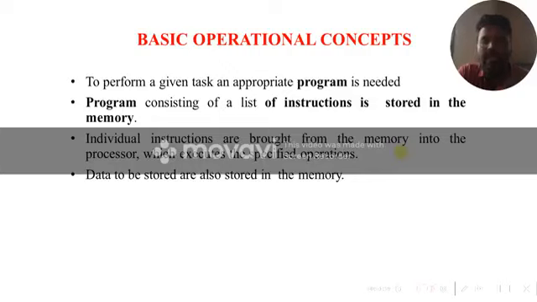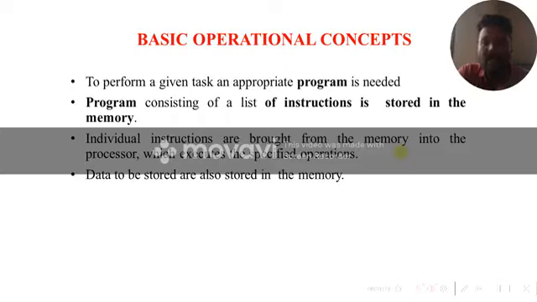The individual instructions are brought together from the memory into a processor, which can execute the specific operations. These operations can be of anything. For example, the operation can be a normal arithmetic operation, a logical operation, or any kind of bitwise operation. So any kind of operation can be carried out in these operational concepts.